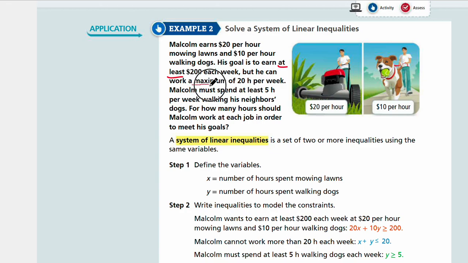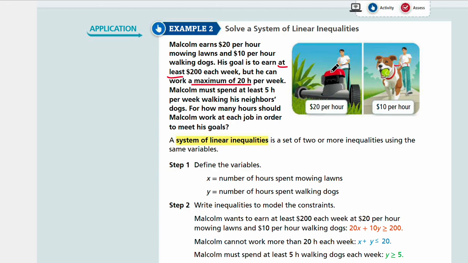And then a maximum of 20 hours. So maximum means, is 20 hours also okay? Yeah, so at most he will get 20. So he wants to work less. If he works a little bit more than 20 hours, that's not okay. So we're going to write inequalities using that, okay?